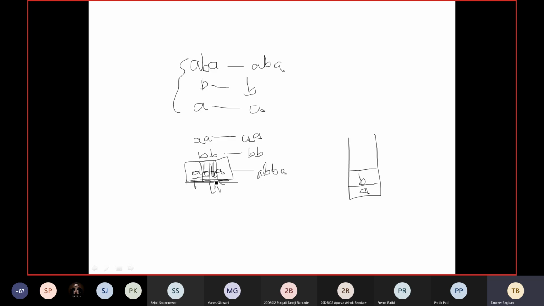When the current character, that is B, and the top of the stack, that is B, are both the same, when a match is found, then delete the character from the stack, that is, pop from the stack. So B is removed from the stack. The next character is A. When you read the next character in the second half, again compare this A with the top of the stack.